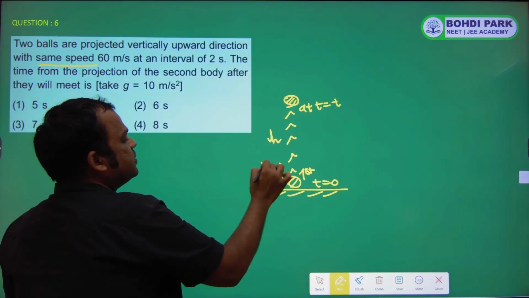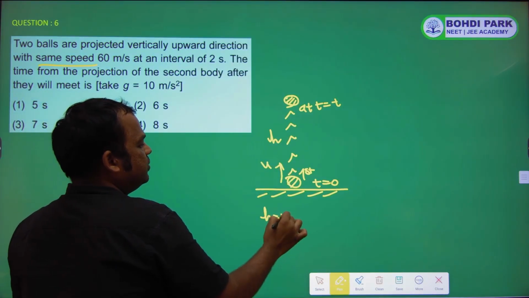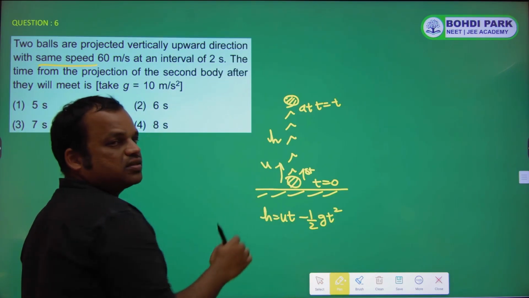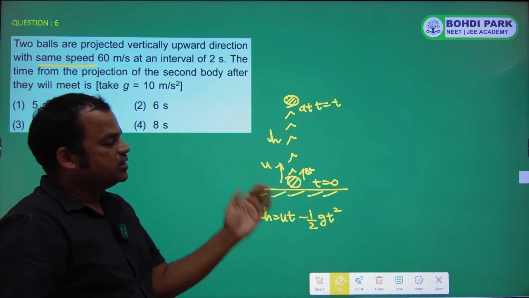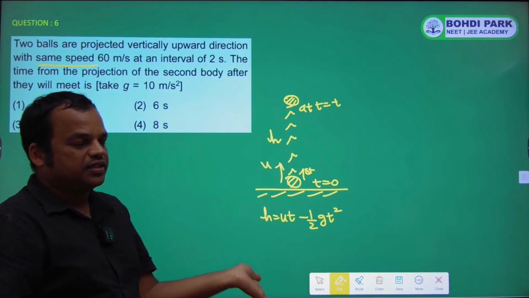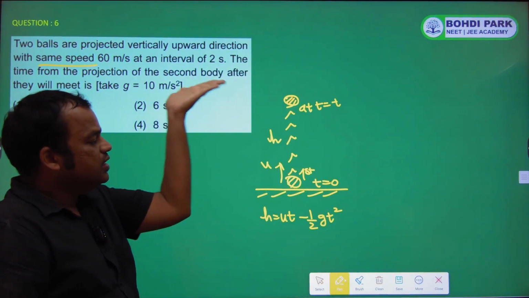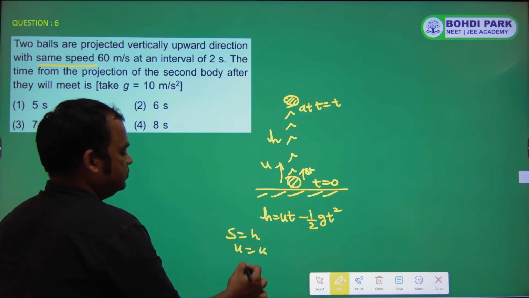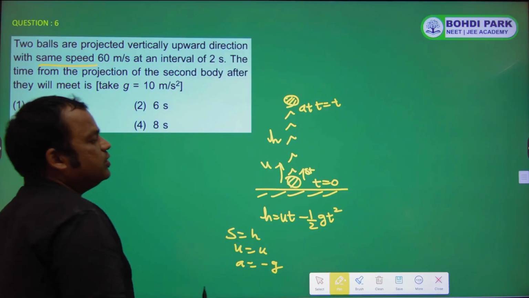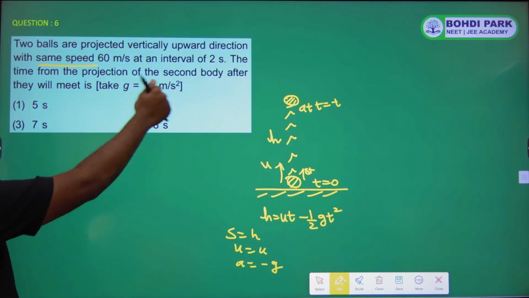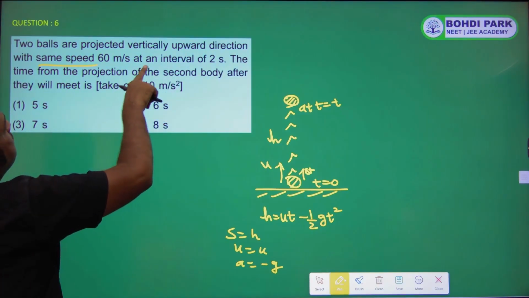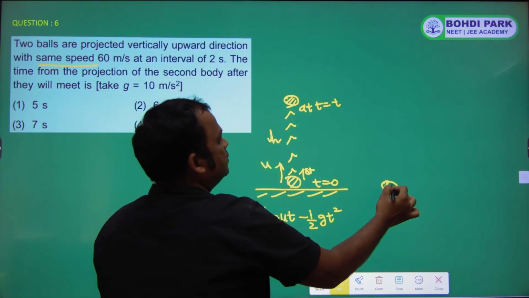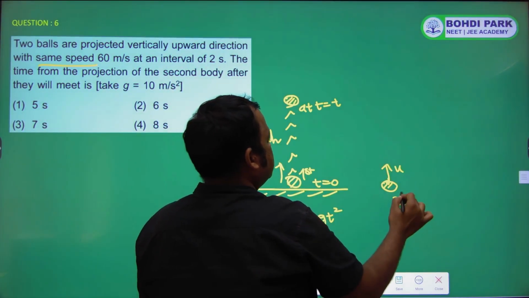Okay, so suppose this is u, so we will write h is equal to ut minus half g t square, because initial velocity is upward, so positive, and acceleration is negative minus g, displacement is h upward. Now for the second ball, it is thrown after 2 seconds with the same velocity.